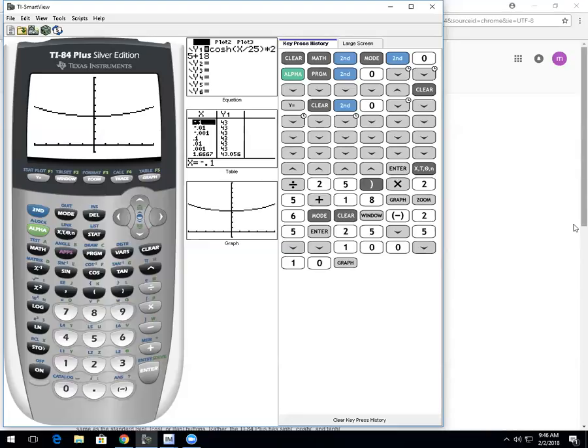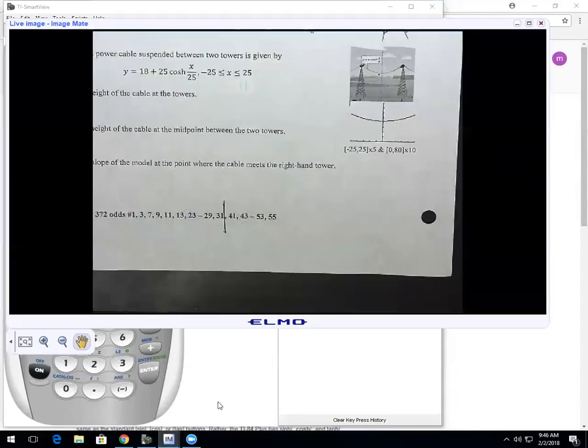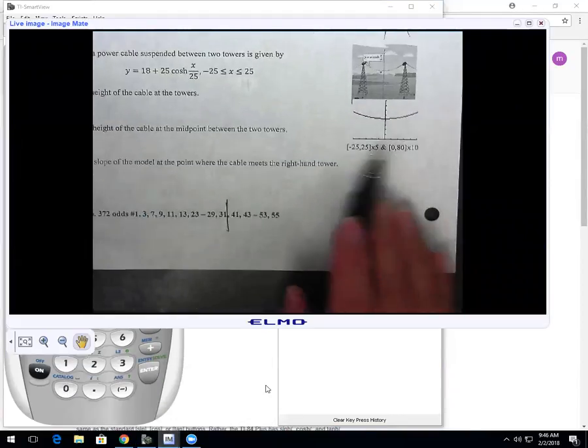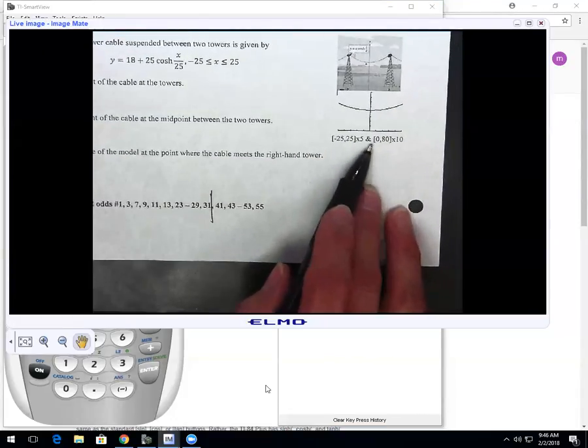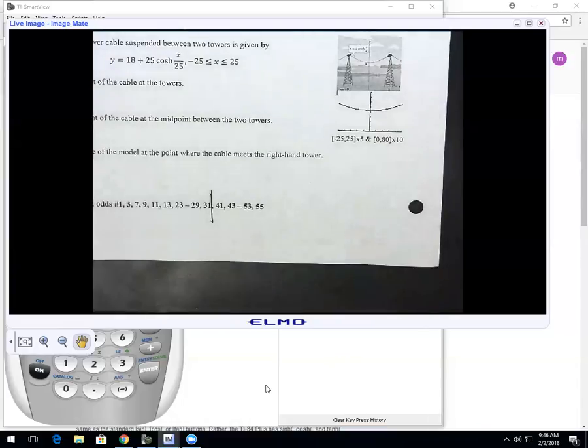Doesn't that look like a cable wire that is sagging, and someone needs to go fix it? All right, that's the graph that I have here. Here I graph from negative 25 to 25 by 5s, and my graph was 0 to 80 by 10s.